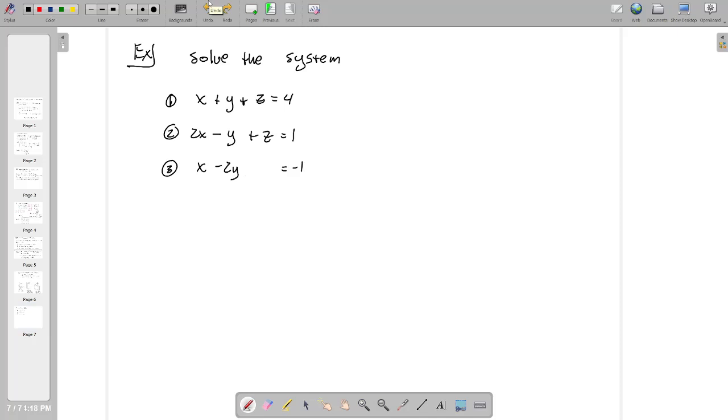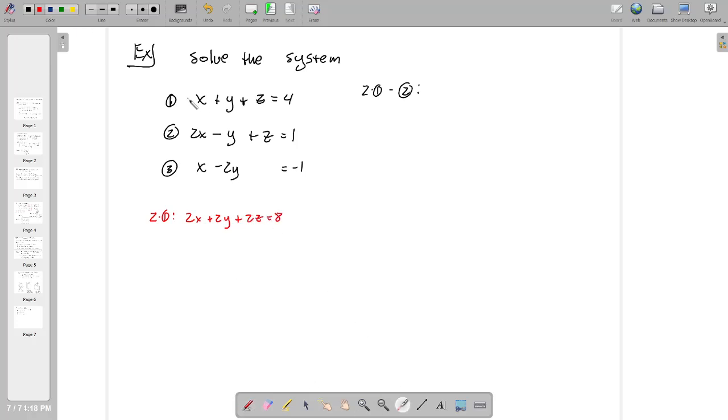Okay, so let's start by doing the elimination method again. We're going to do 2 times equation 1 minus equation 2. So if you don't remember, what that means is we take 2 times equation 1, and that would be 2x plus 2y plus 2z is equal to 8.